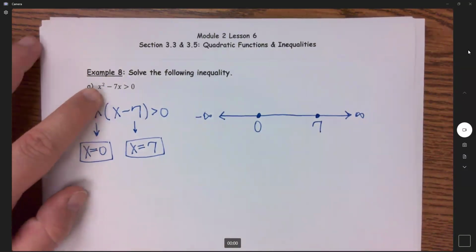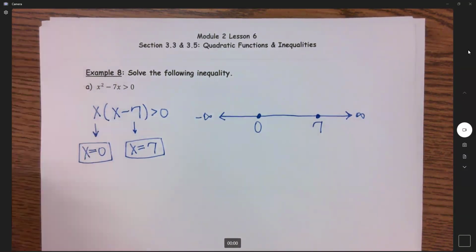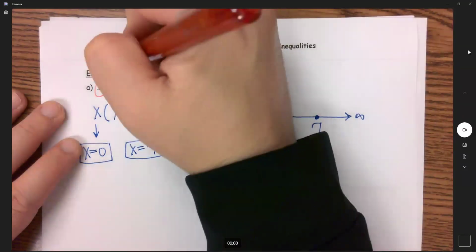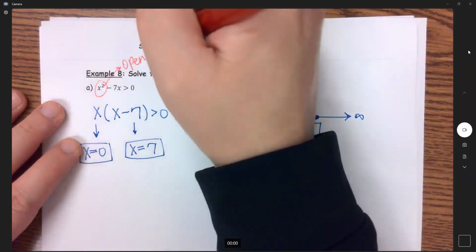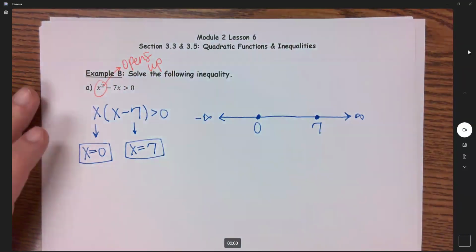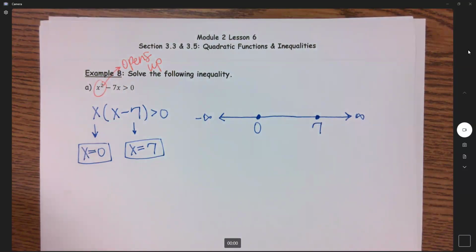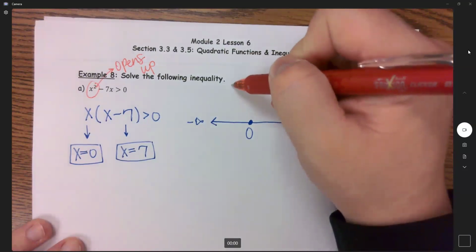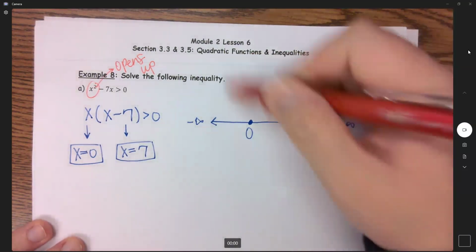Now, because this is an x squared, I know it's a parabola. And because this is a positive x squared, that means that this graph is going to open up. So it's going to have this shape right here.